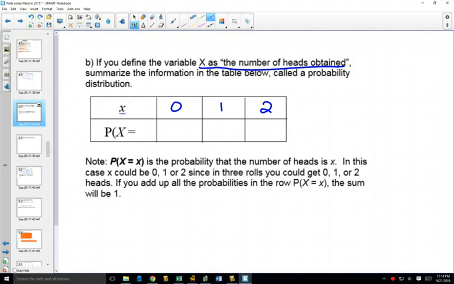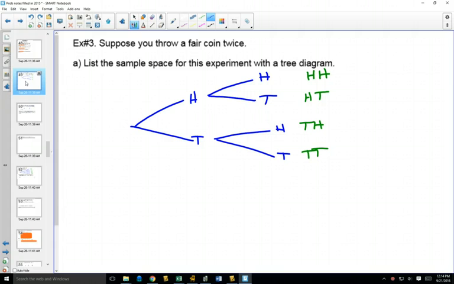In the second part, you write, what is the probability that X could equal x? So we write it like this. In other words, what is the probability that you would get no heads? Well, how many in our chart before had no heads? Just the one, the tails, tails.